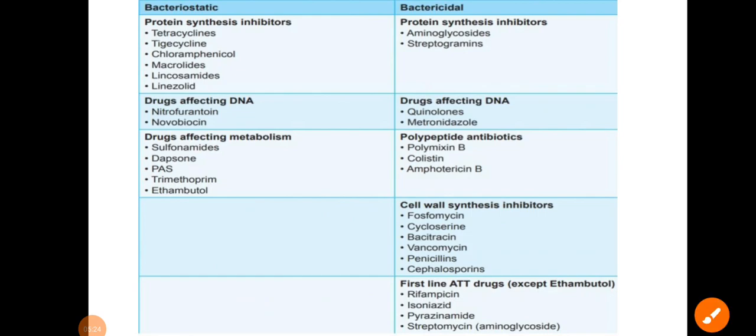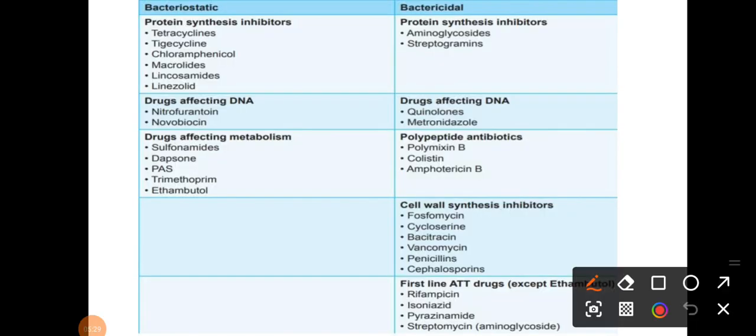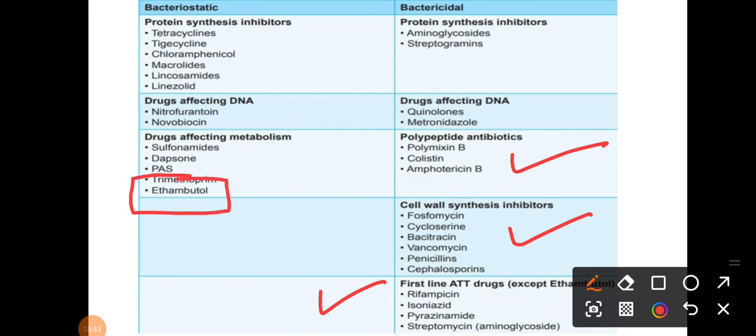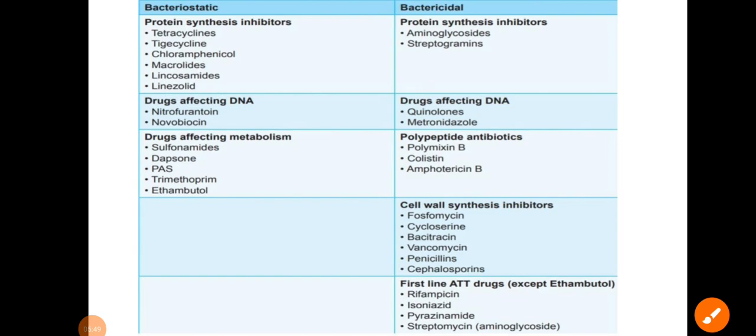Again, here are some important polypeptide antibiotics, cell wall synthesis inhibitors, and the first line anti-tubercular agents. So we have just seen this point: among the first line anti-tubercular agents, only ethambutol is bacteriostatic, all the others are bactericidal.